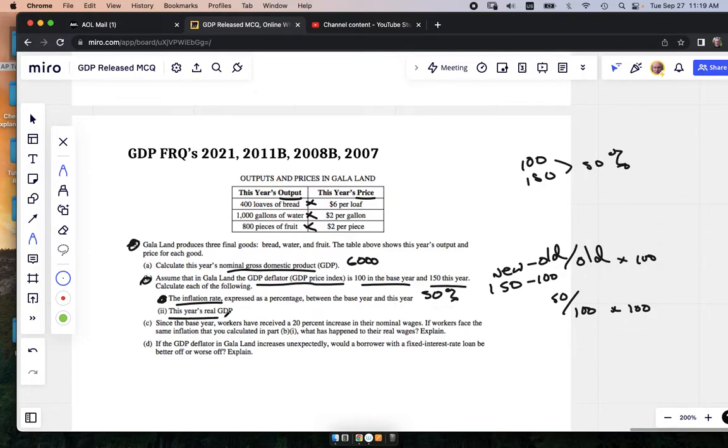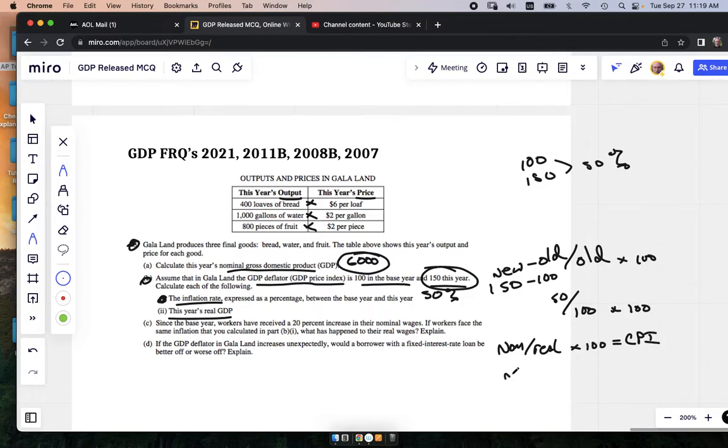But this one's nice. They're asking us what's happening to real GDP. Now, we've got nominal and we've got our CPI for this year. Again, we should know nominal over real times 100 equals our CPI.